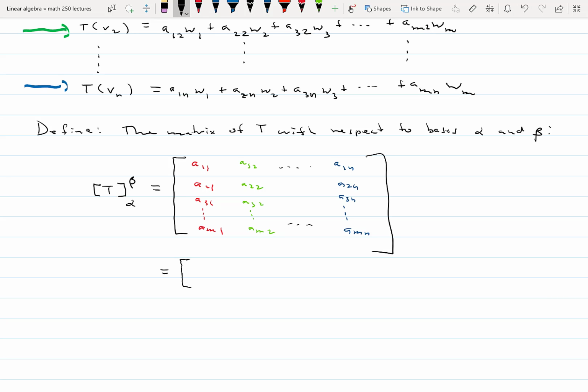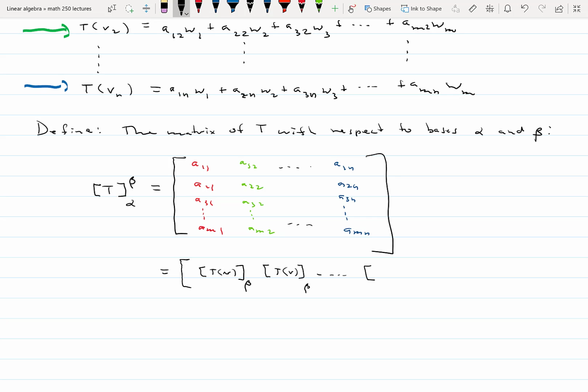That first column is nothing more than the coordinate vector, or contains the coordinates, of T of V with respect to beta. The second column is the coordinates of T of V with respect to beta.